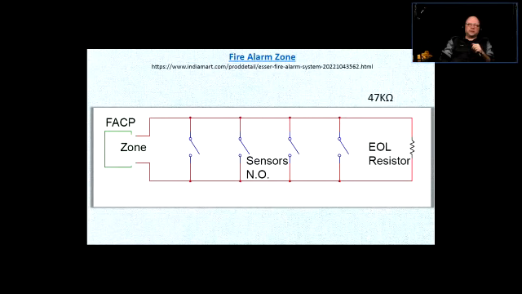Trouble is not a fire. It means the system is not necessarily fully functional, so the ability of detecting a fire is compromised. That doesn't mean there's a fire, not necessarily. Well, it could be, because the fire could have burned the wiring.